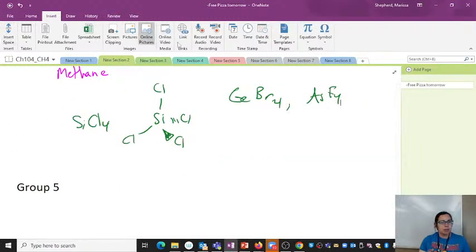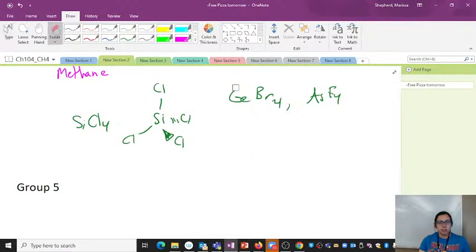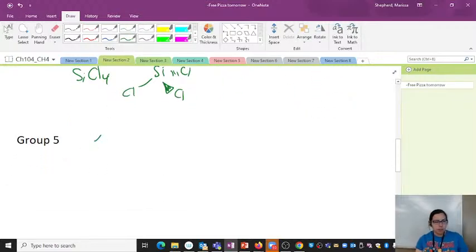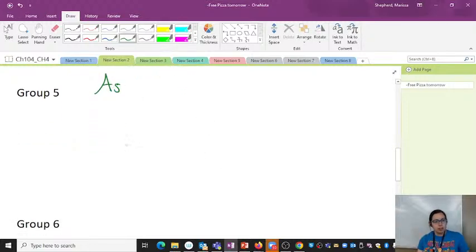Sorry, I should have made this tin tetrafluoride. I put arsenic in the wrong group. So tin tetrafluoride. Arsenic's in group 5. Let's start with the classic example, which would be ammonia.